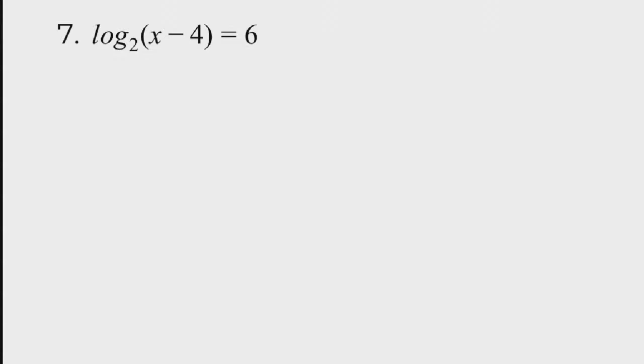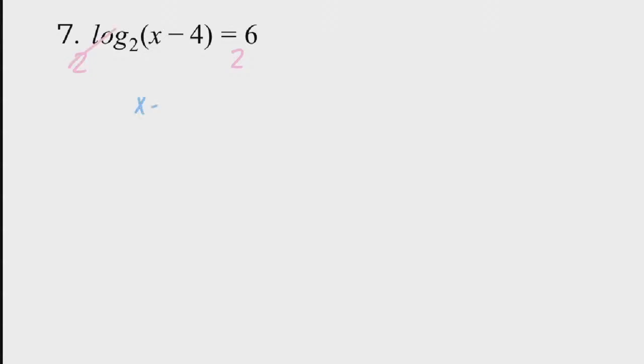which is correct. Okay, so for this one, we have log base 2 of (x minus 4) equals 6. To get rid of the log base 2, we can use an exponent or a base of 2. So we're kind of moving up the original problem as an exponent, and then this will cancel out.